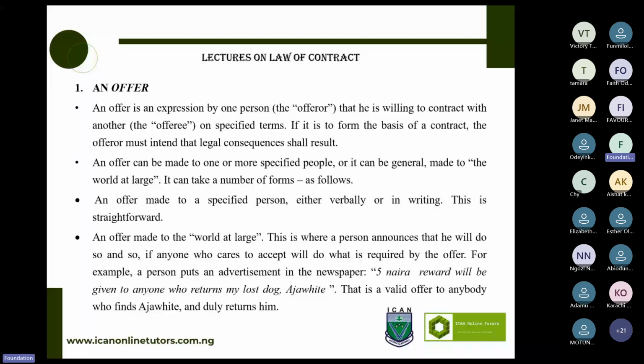Now, an offer can also be made to the whole world. A very good example is me coming into the class: I have this amount, I need this person, I need this. Faith DMs me, she has everything. That DM to say I have it all constitutes acceptance, and what I have done constitutes an offer to the world.